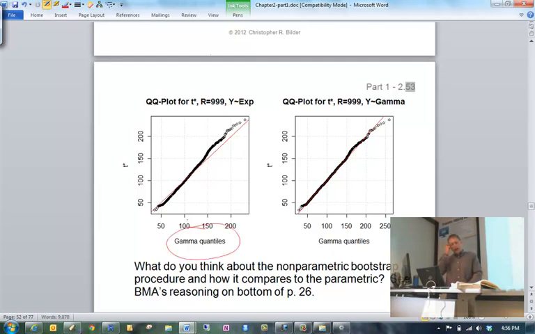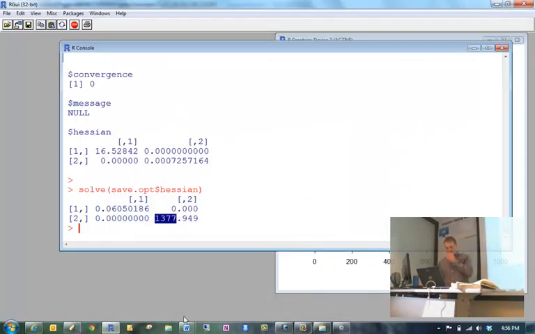I thought their x-axis label is a little misleading because what we're doing here is still finding T star, and if you start with an exponential distribution, it's distributed gamma. Okay, so that's why we were actually putting gamma quantiles there versus the book, where they say exponential model quantile.